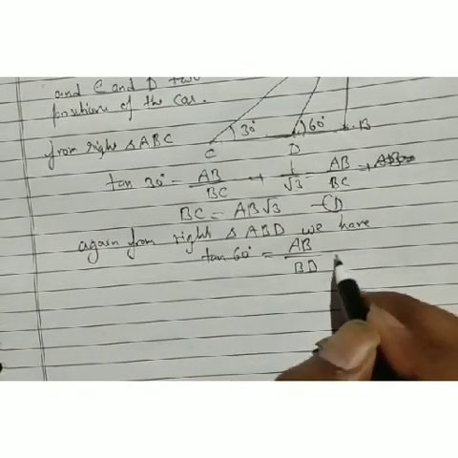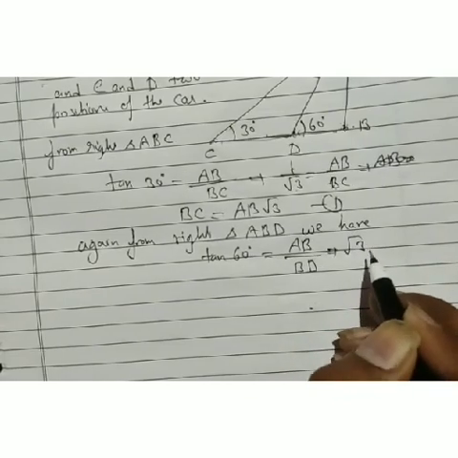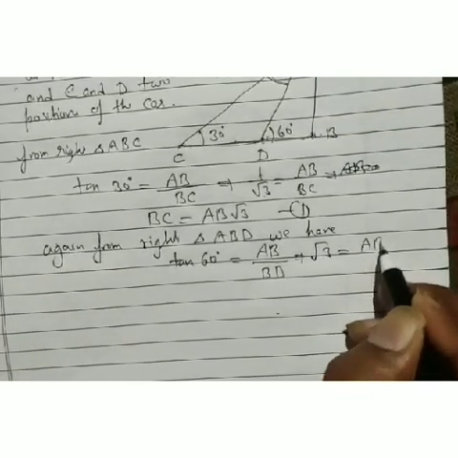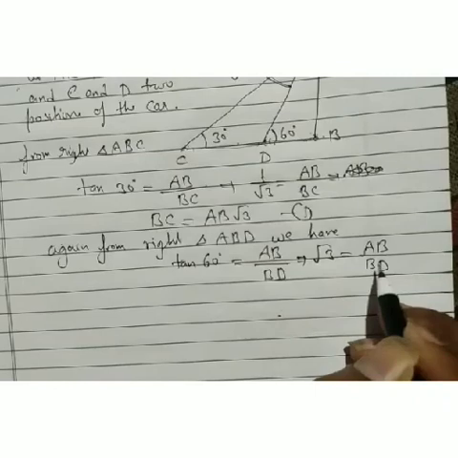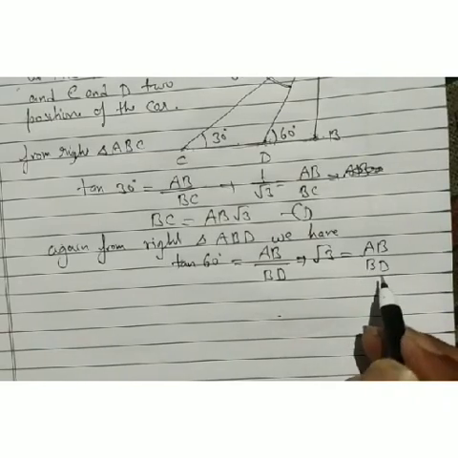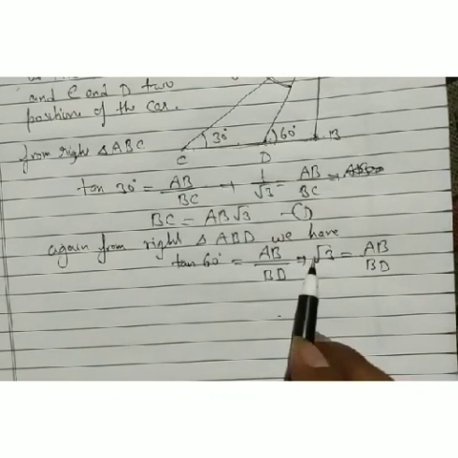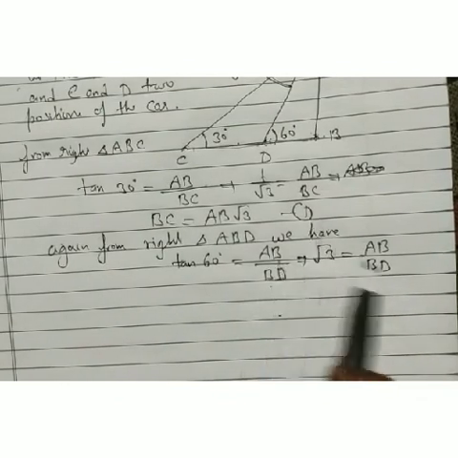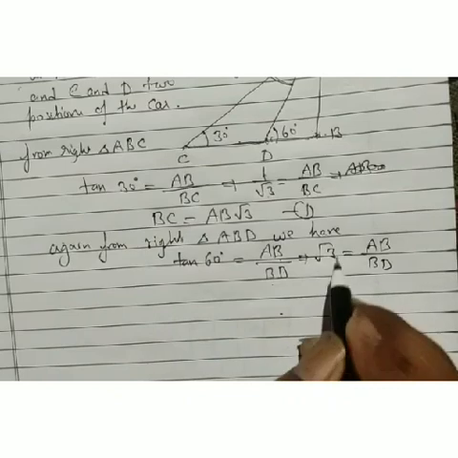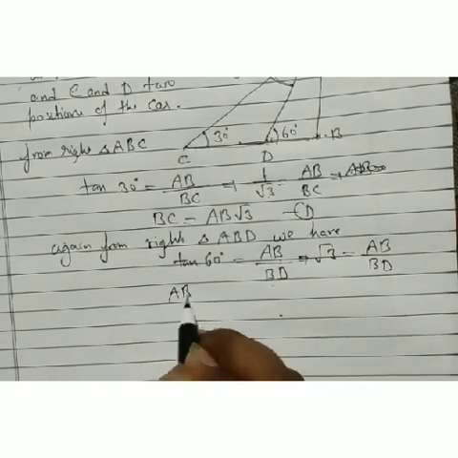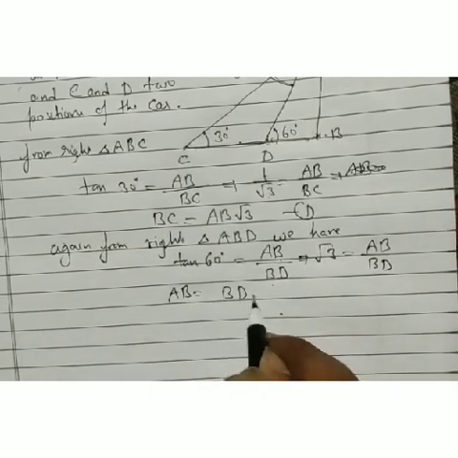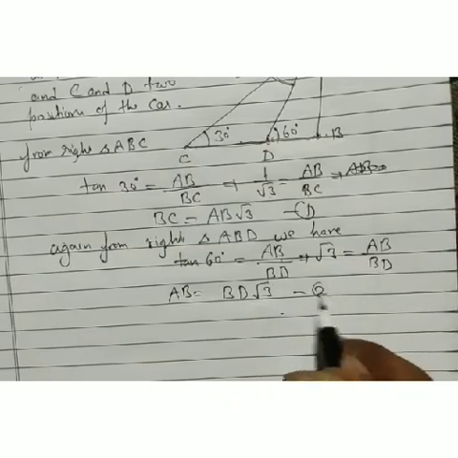What is the value of tan 60? It's root 3. So root 3 is equal to AB upon BD. From here we find the value of AB. Our AB is BD root 3. Take this as equation 2.